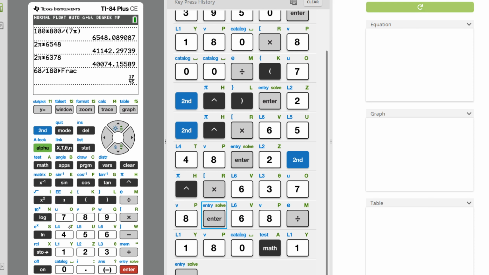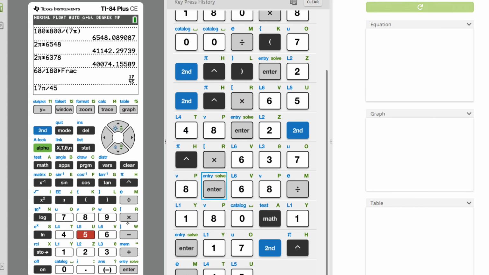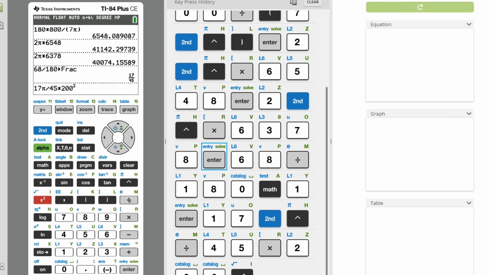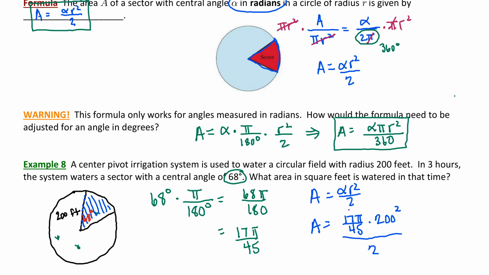So we have 17 pi divided by 45 times the radius 200 squared, all divided by 2. To the nearest foot, we have 23,736 square feet. So approximately 23,736 square feet watered in 3 hours.